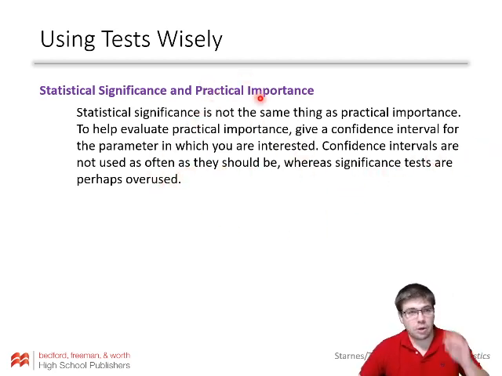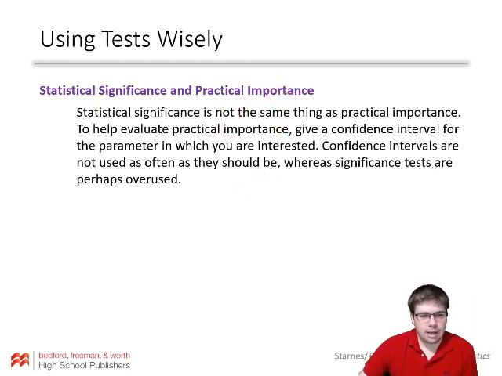Some people might say, oh, there's a statistically significant difference here, but then when you give the confidence interval, you realize it's only different by so little that we don't really care about the amount of difference. Even though it's statistically significant, that doesn't necessarily mean the difference is practically significant. So that's one thing to be aware of.